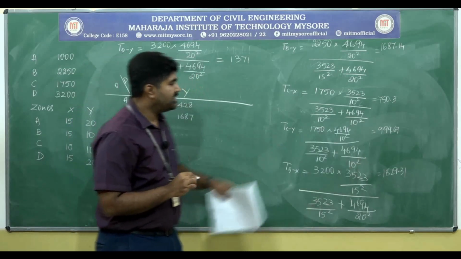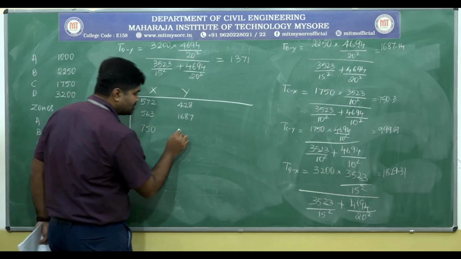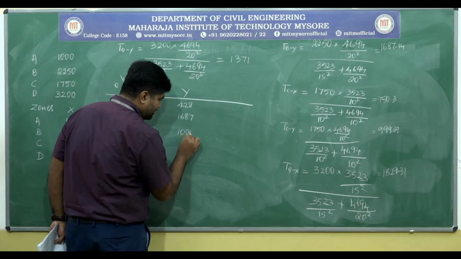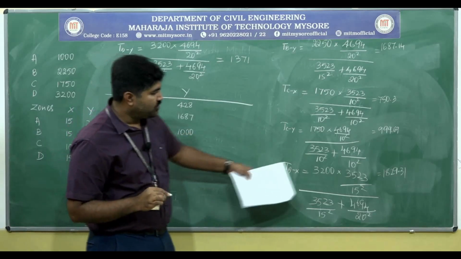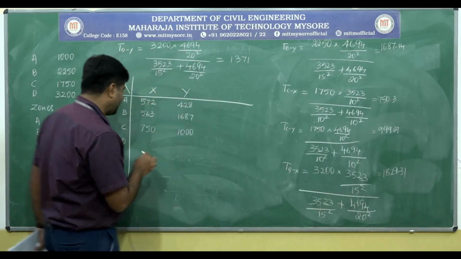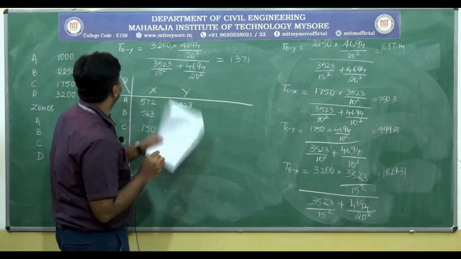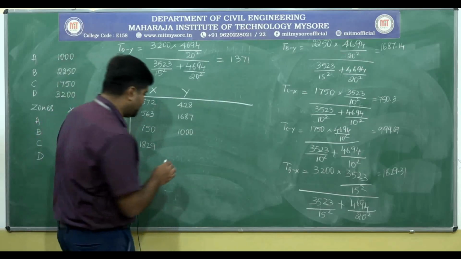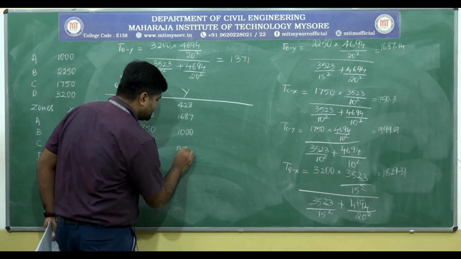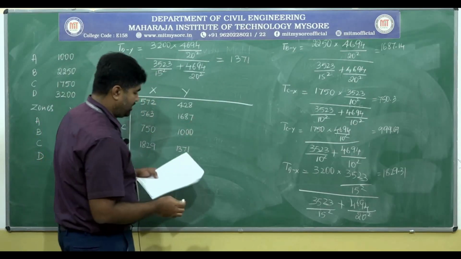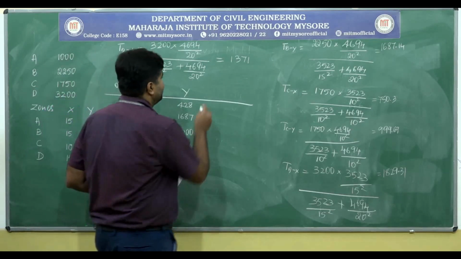C to Y it is near to 1000, so it is 1000. Next D to X, we can round off to 1829. Okay, D to Y you get 1371.